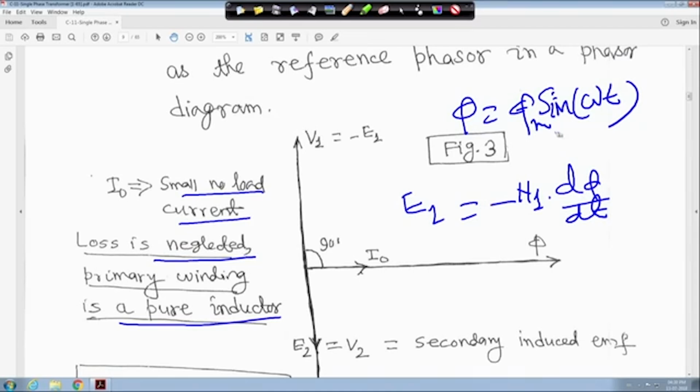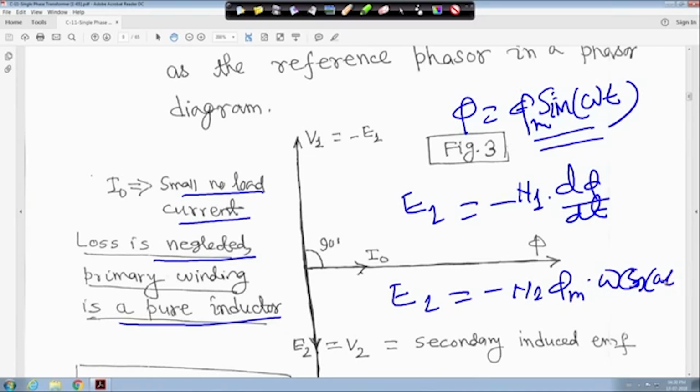Now, we know phi is equal to phi max sin omega t. If you take the derivative of that, you will get U1 equal to minus N1 phi m omega cosine omega t.